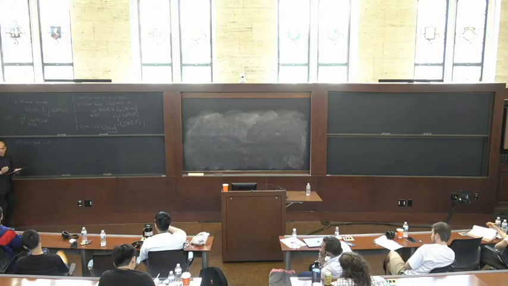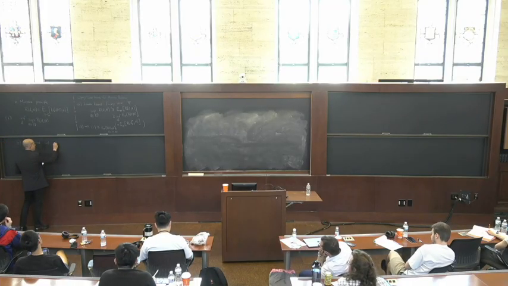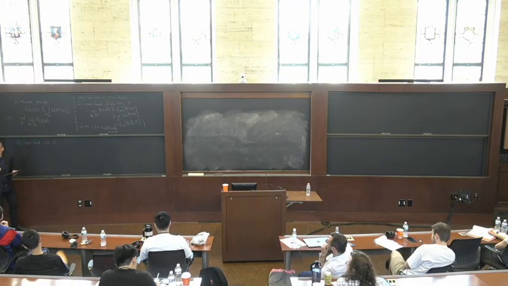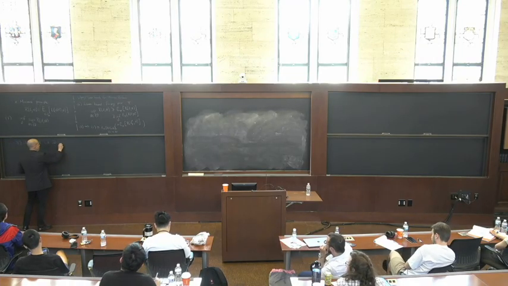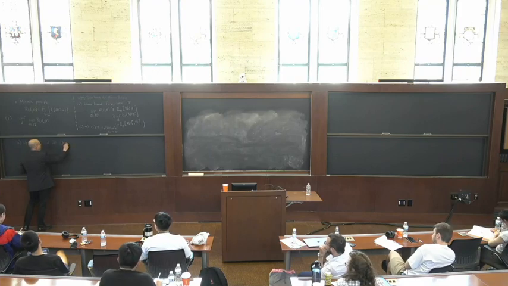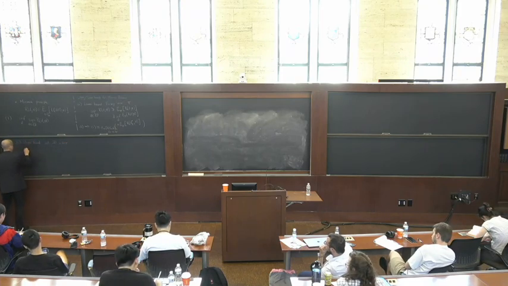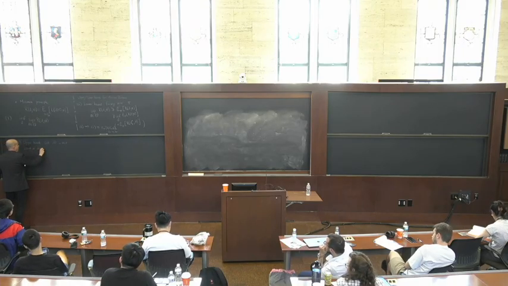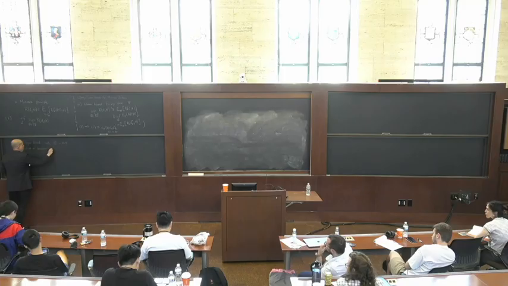So I'm going to introduce notation. I'm going to call a calligraphic D a strict subset of decision rules.